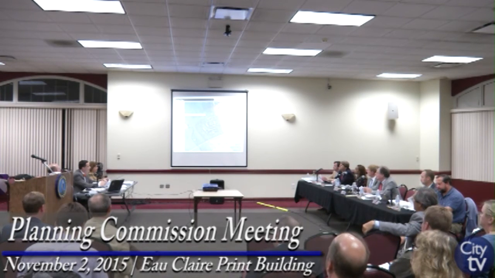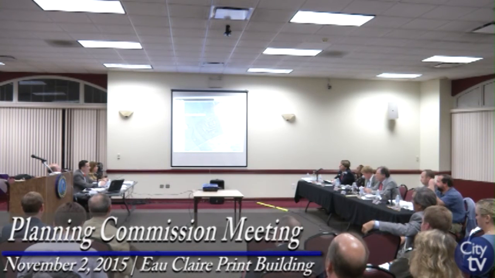So the entire PUD, in essence, 24 existing plus or minus acres, and you're adding a little less than 2 acres to the existing PUD. So in fact, the entire planned unit development is being amended as opposed to the strict rezoning of 1.86 acres that is currently zoned C1 now.